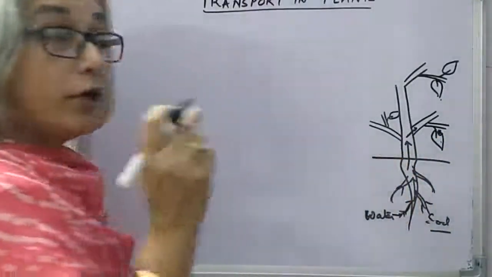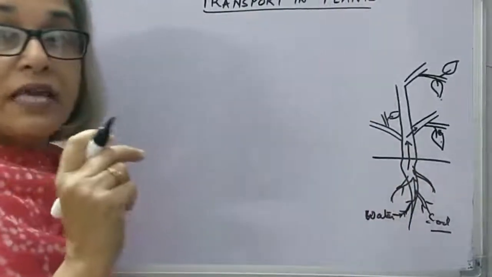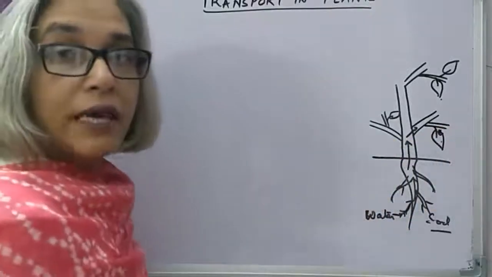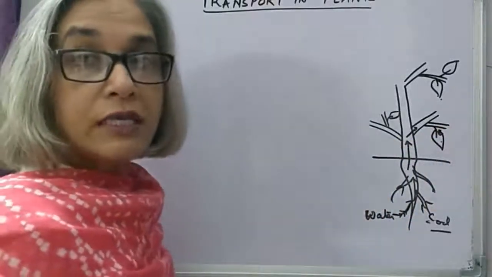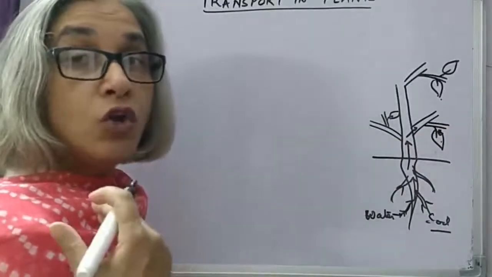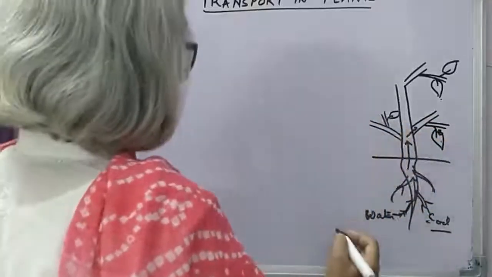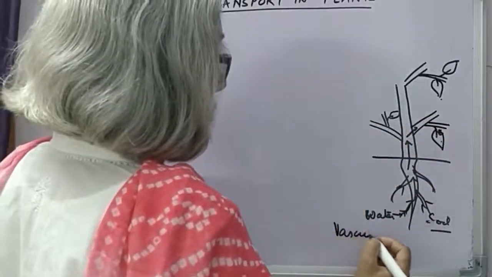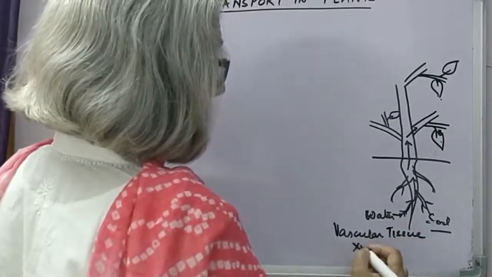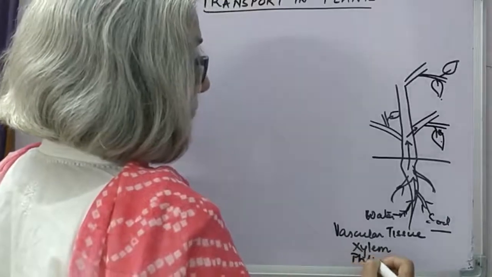And an important thing that you have to remember, that only 1% of the water is used up by the plant for processes like photosynthesis, whereas 99% of the water is lost by the plants. So basically the vascular tissue that the plant has is xylem and phloem.